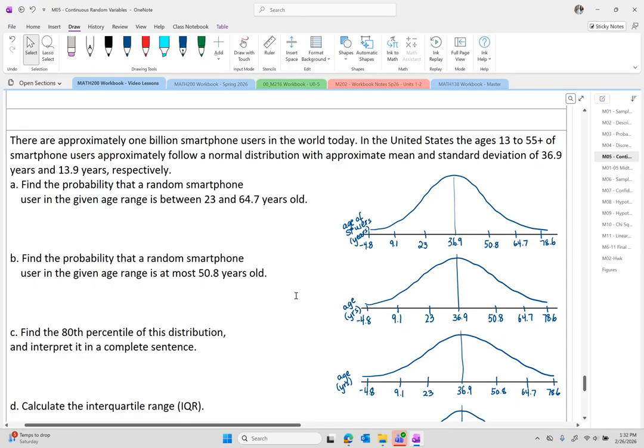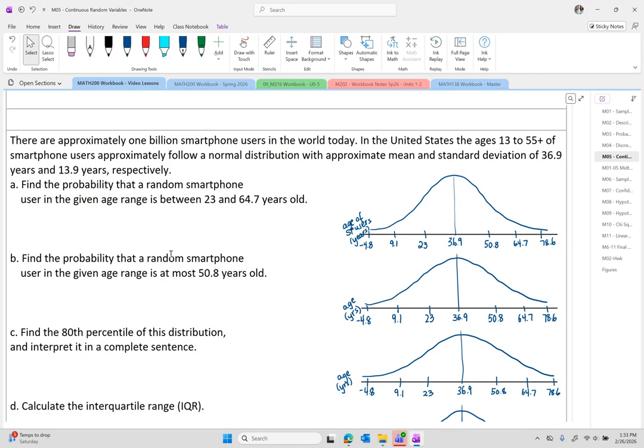In our last video for our Statistics OER course, Unit 5 on continuous random variables, we will do a couple more applications of the normal distribution, and we will use the Art of Stat apps online. So the story here is that there are approximately 1 billion smartphone users in the world today.